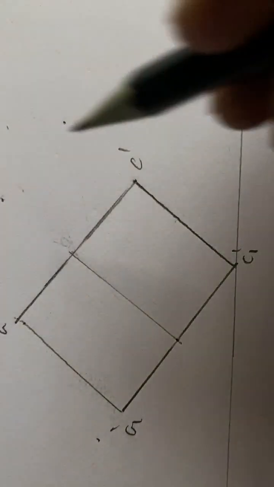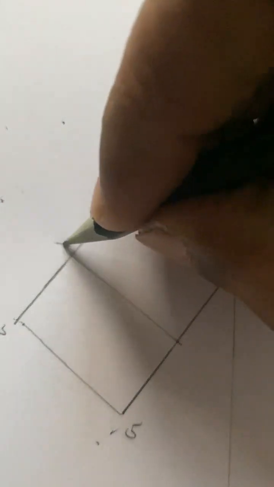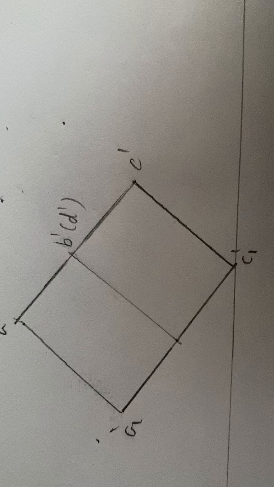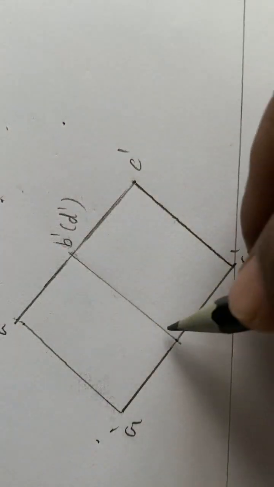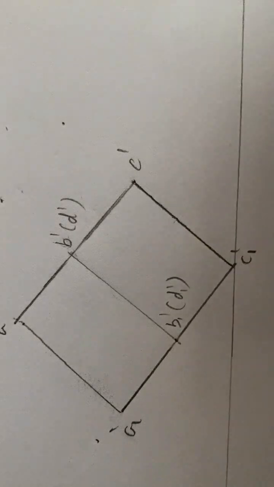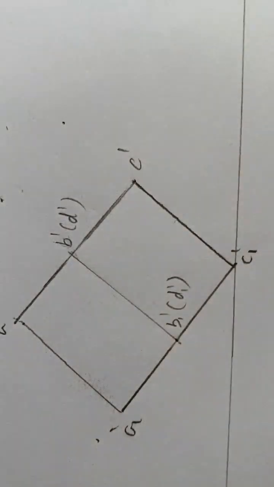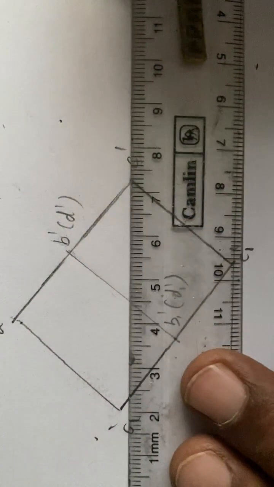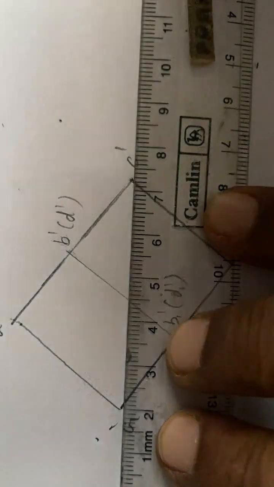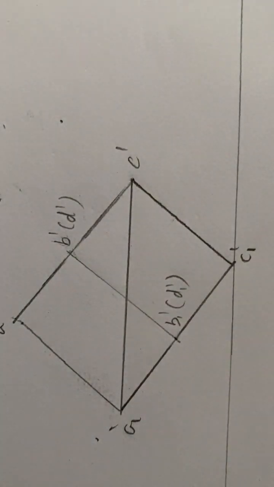Okay, this is your B dash bracket D dash, and this is your B1 dash bracket D1 dash. So you got all these points, and now we draw this diagonal which is parallel to XY line. Parallel to XY line. Okay.